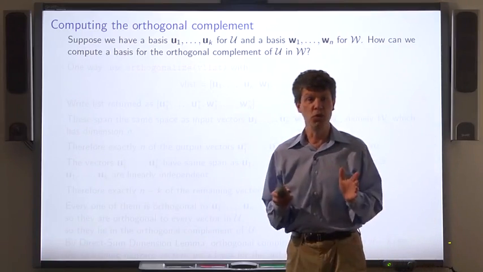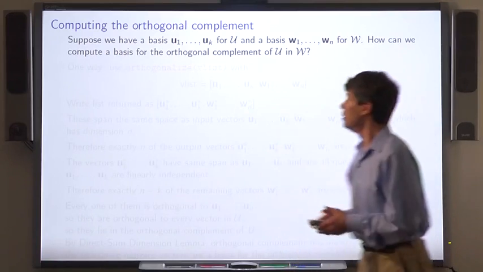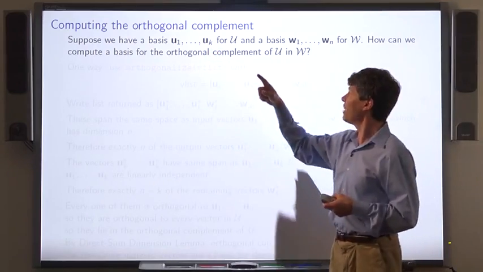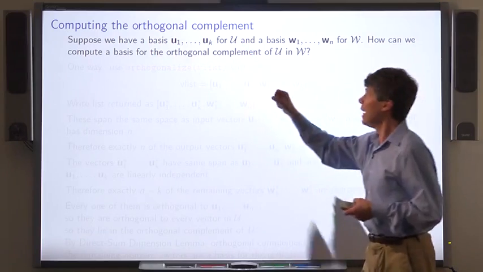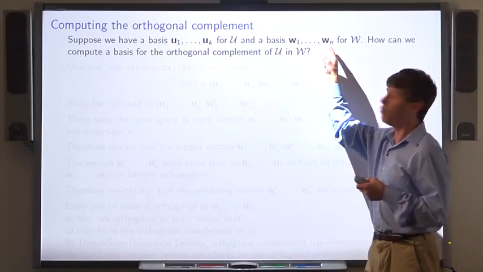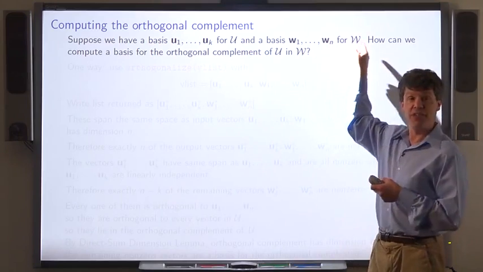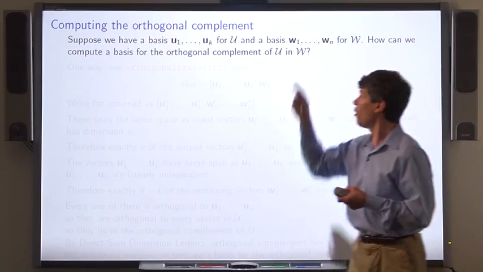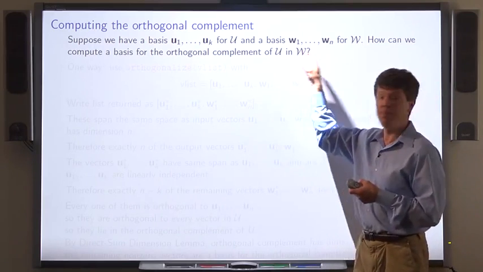How would we actually compute the orthogonal complement? Suppose we have a basis, u1 through uk, for the vector space big U, and a basis w1 through wn for the vector space big W. How can we compute a basis for the orthogonal complement of big U in big W?